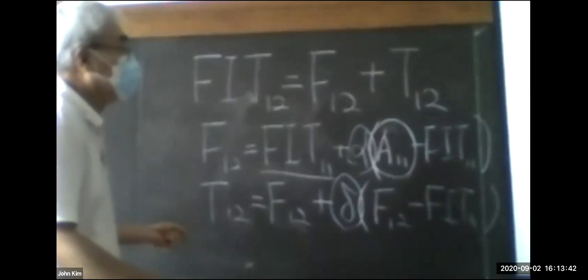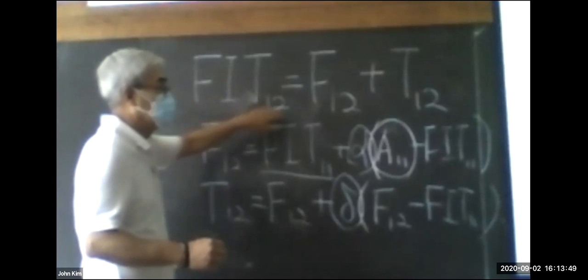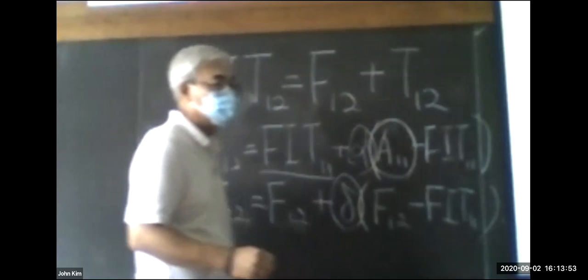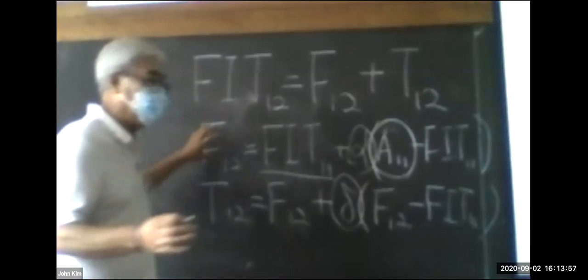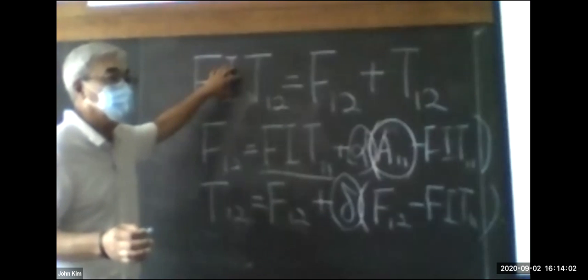Okay, I will. Here, FIT12 equals F12 plus T12. As long as we know F12 and T12, we can get FIT12.